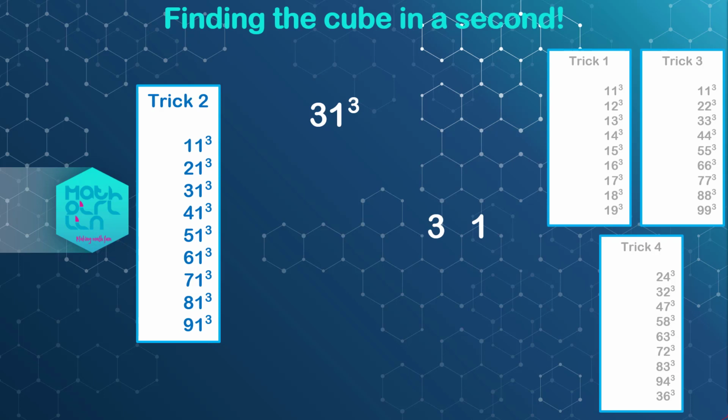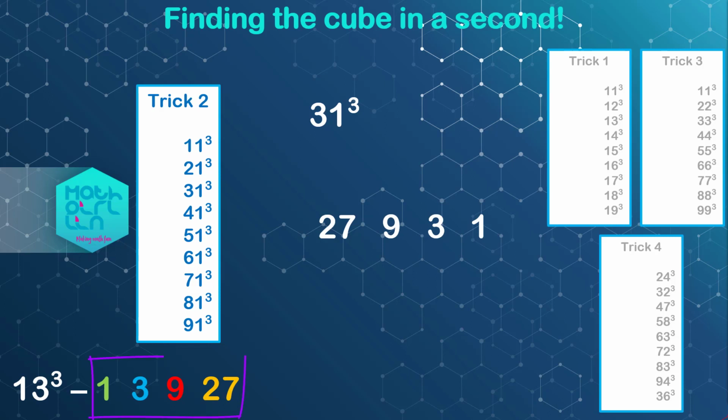We square the 3 and write it before 3, and cube the 3 and then once again write it before. Now you have your sets of numbers, 27, 9, 3 and 1. If we are doing 13 cubed instead of 31, the numbers would be in this order: 1, 3, 9, 27. That's the only difference.